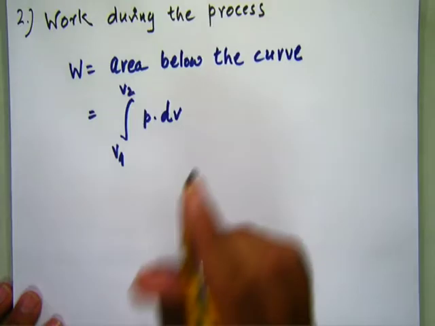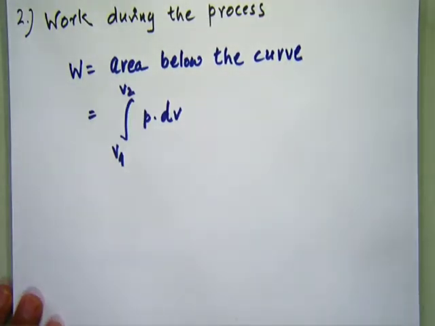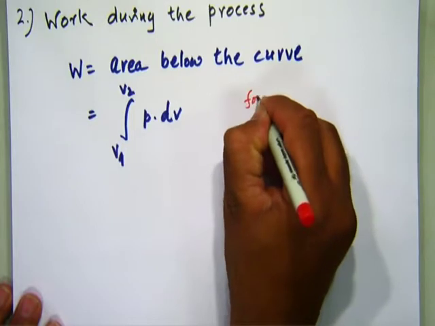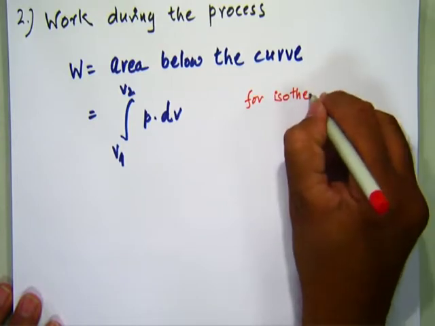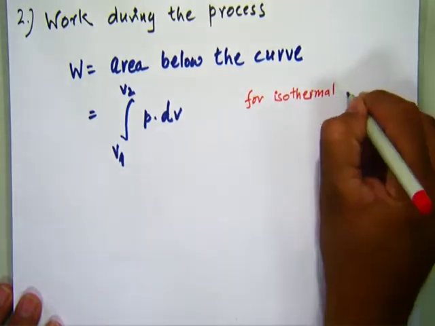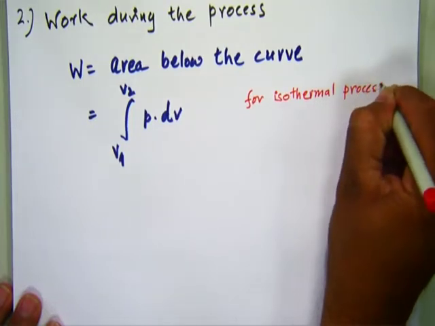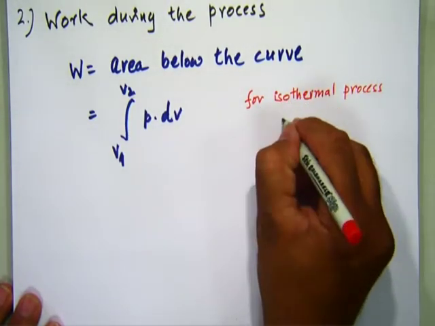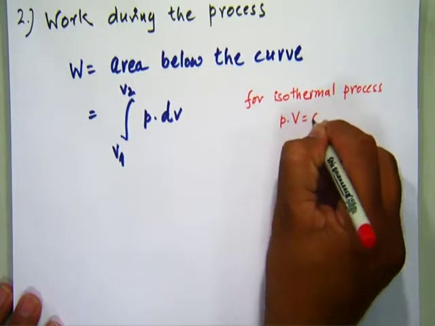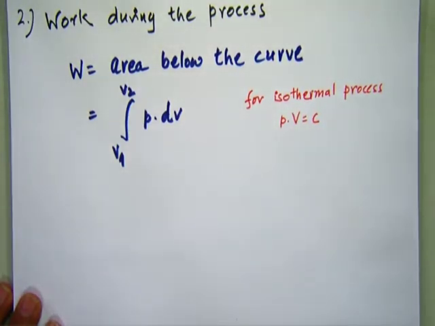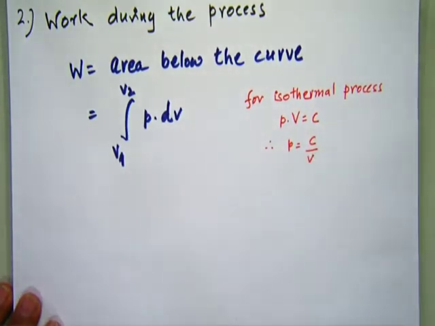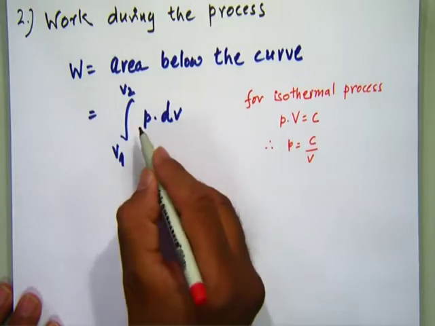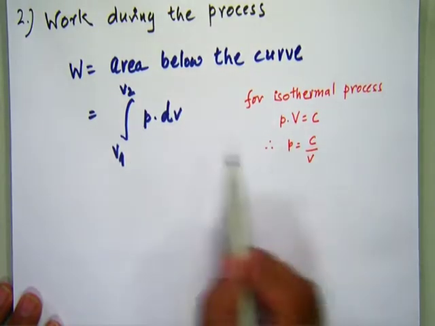For an isothermal process, it is very well known that P into V is equal to C. Pressure into volume is constant. Therefore, P is equal to C by V. Put this P over here.